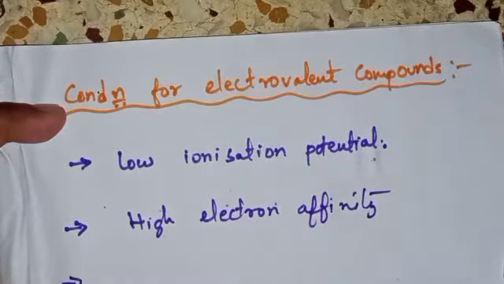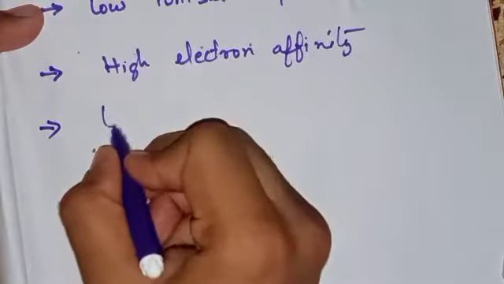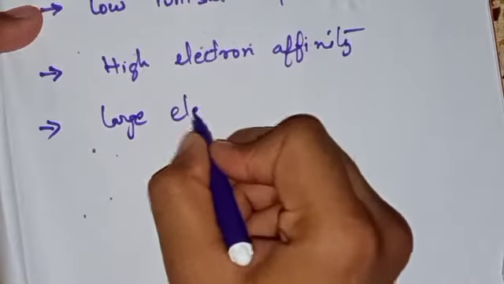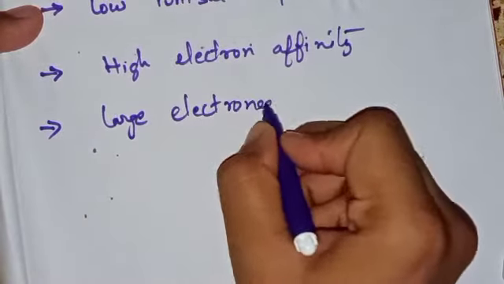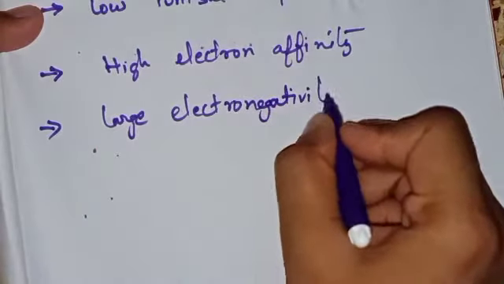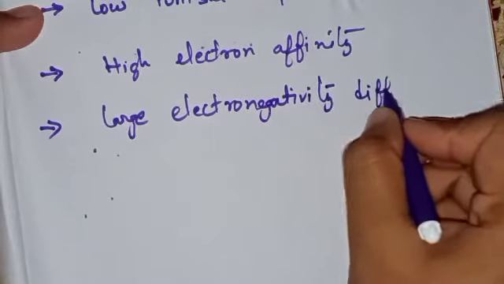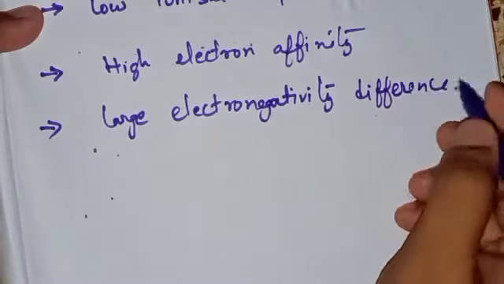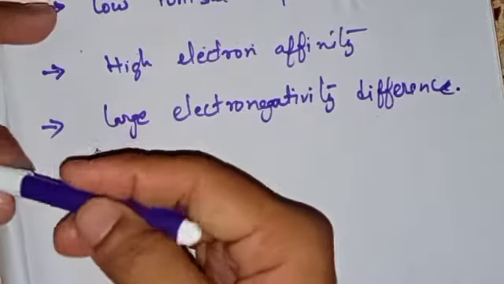The third condition is large electronegativity difference. These are the three conditions required for an electrovalent compound to form.